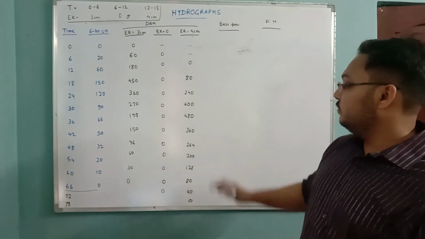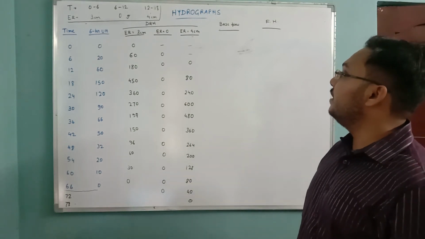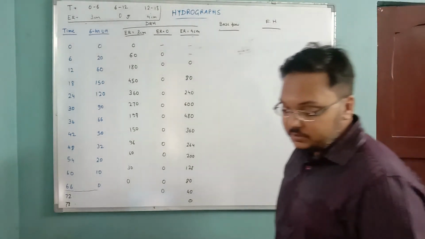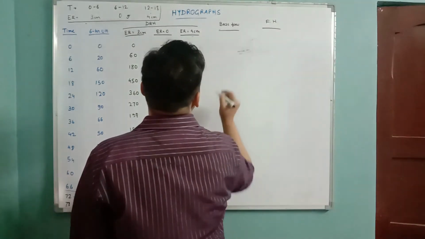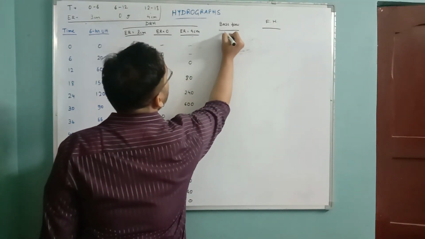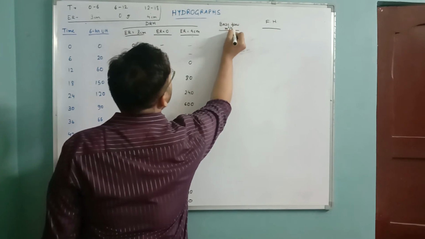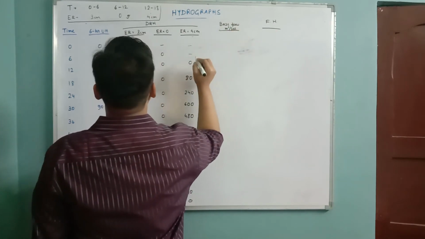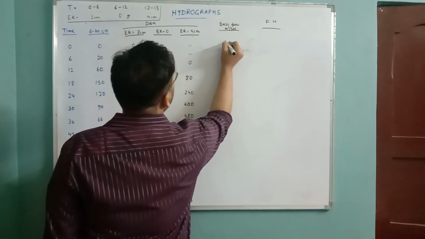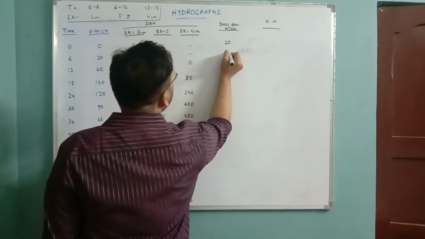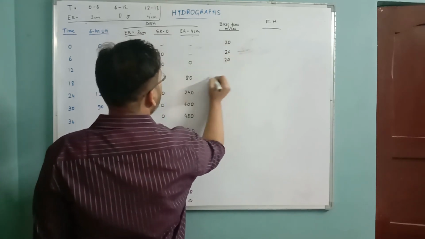Okay. So this was all about the direct runoff hydrograph, and also in the question we are given a base flow of 20. This is in meter cube per second. So we are going to simply write 20 alongside this.